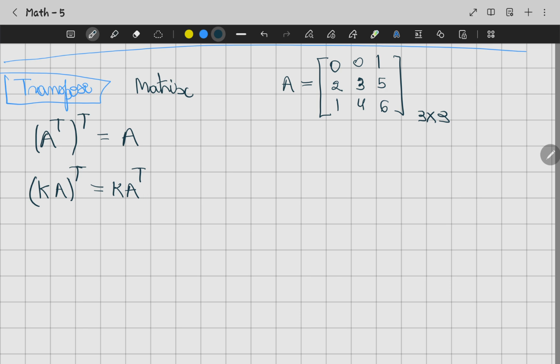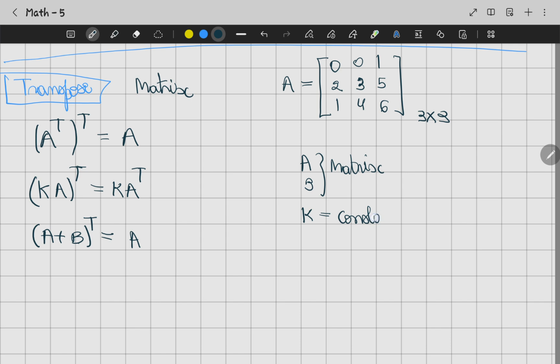Now next, let's say we have something like this. This is the same as if A and B are matrices. We know that A and B both are matrices, and the other one is a constant.